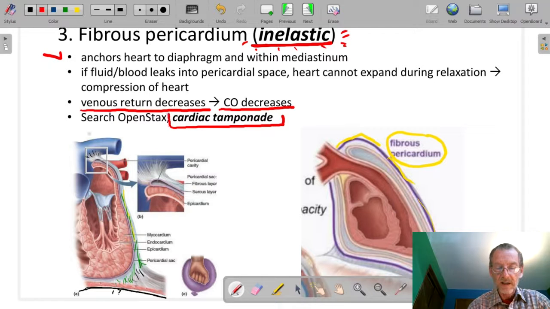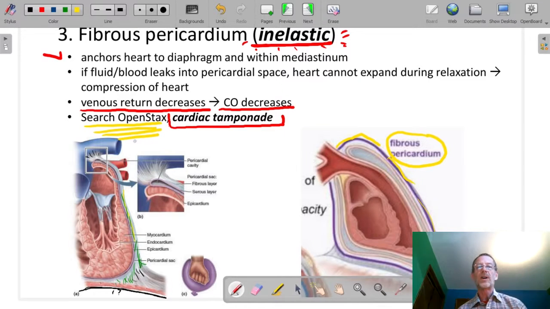And I would like you to read about that in OpenStax in your textbook. So you can just type cardiac tamponade into the little hourglass search feature. When you're viewing the book on Learner, you can do this.